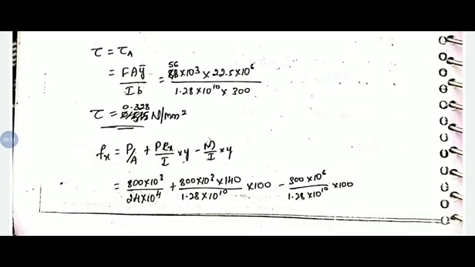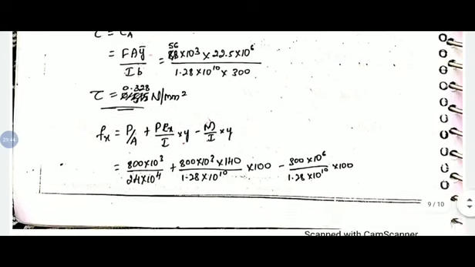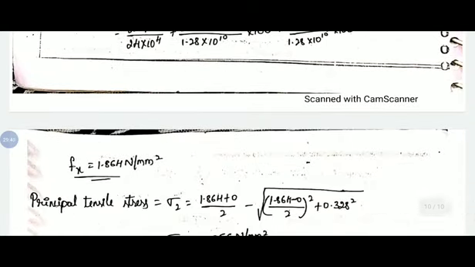At that particular point the eccentricity we have calculated is 140 mm. So E will be 140, and at the level of 100 mm below the centroidal axis we are calculating the stress. So Y is equal to 100. Then 300 into 10 power 6 by 1.28 into 10 power 10, into the same 100 mm at which we are calculating the section. So on simplifying we will get 1.864 Newton per mm square.